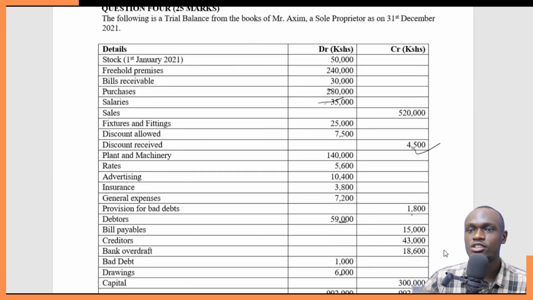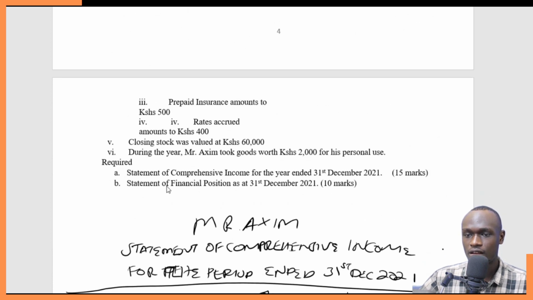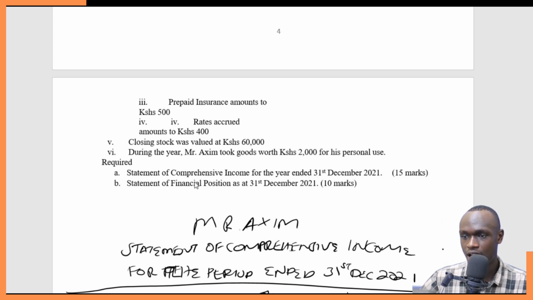We proceed to question 4B. It requires us to prepare a statement of financial position for Mr. Axim.